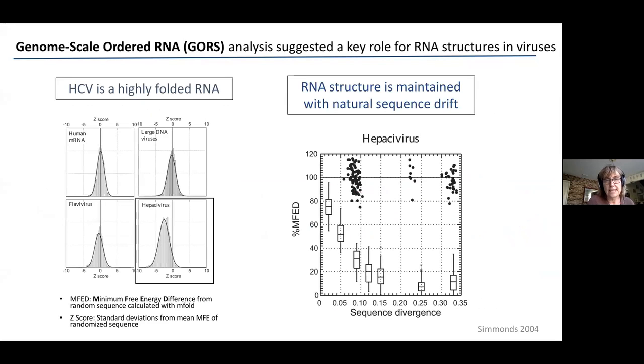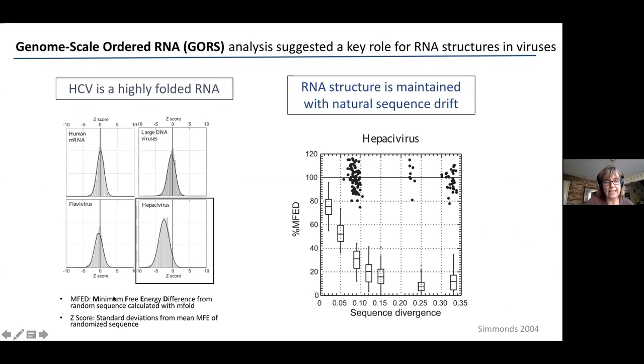Now, the first hint that this was true came from work from the Simmons lab, where they did a calculation called genome scale ordered RNA analysis, or GORS analysis. What this was using, at that time, reasonably crude RNA secondary structure prediction algorithms genome-wide, was to figure out how much propensity for base pairing there was over random chance.